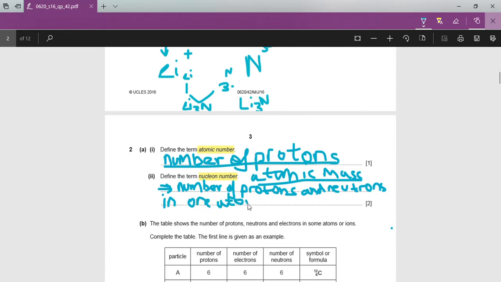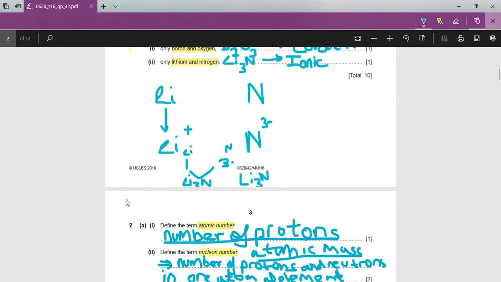I have no idea why the mark scheme says this should be 2 marks. To be honest, when I did this paper myself in 2016, I just answered number of protons and neutrons. But apparently the mark scheme says you have to specify in one atom of an element to get the second mark.